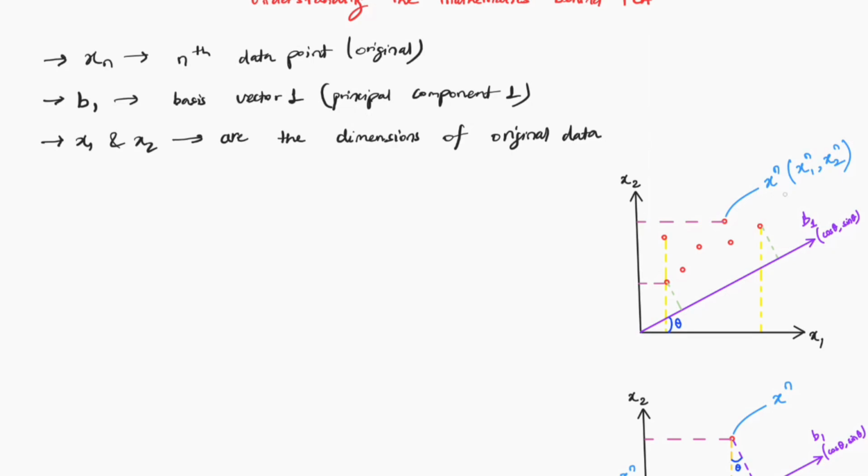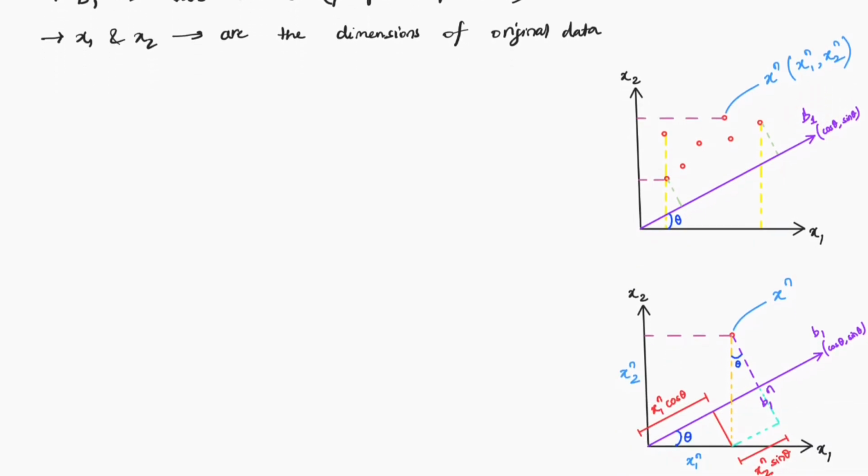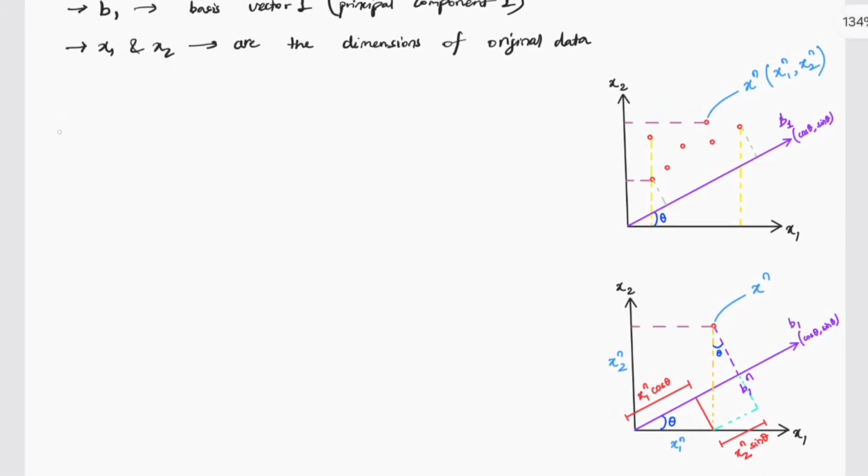Now let us try to project this xn point to this new dimension, which is our basis vector. This is going to be our principal component 1. So we will first project this xn onto this b1, and let us see how we can project it.